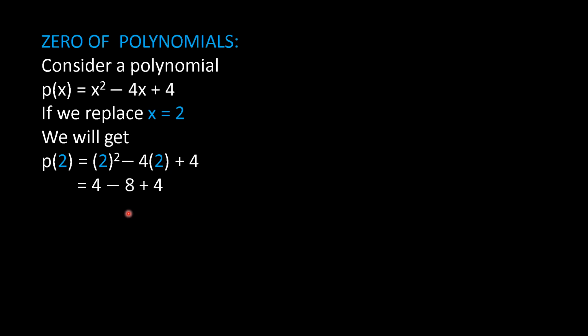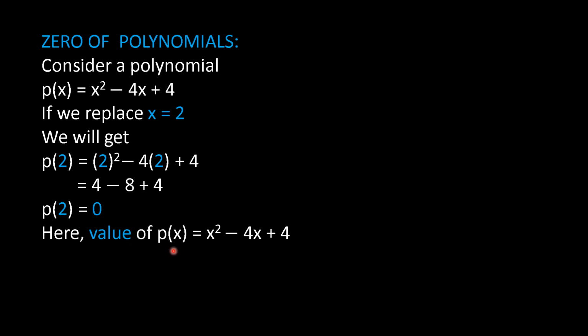It will be 4 − 8 + 4. So p(2) will be 0. Here, the value of p(x) = x² − 4x + 4 at x = 2 is 0 because p(2) is 0.